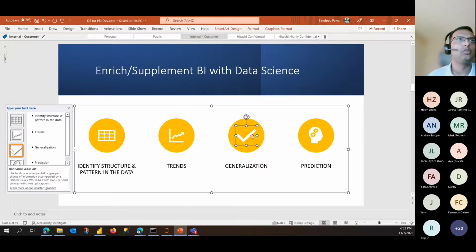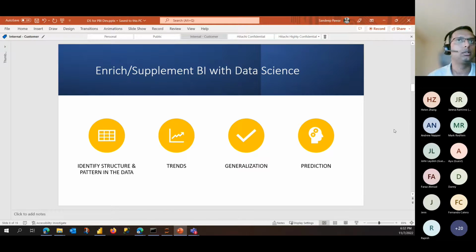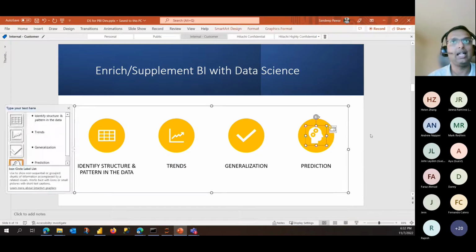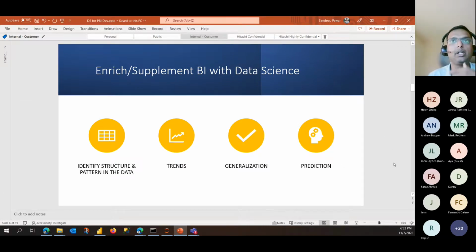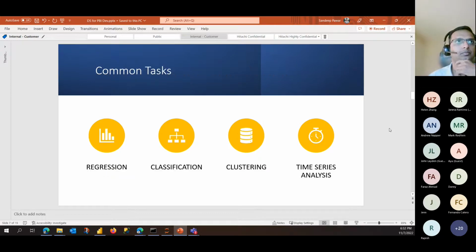The third thing that you want to do when you are using data science is generalization. We'll talk about that. And the last one is predictions, being able to create predictive analytics, which is what most people truly think about when they think about data science or machine learning.